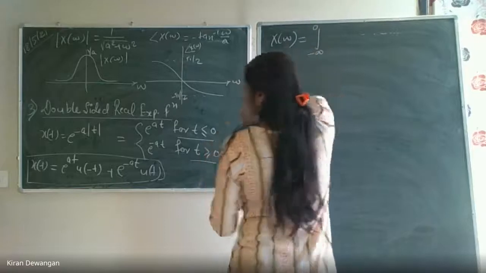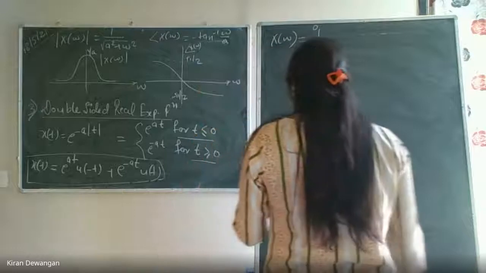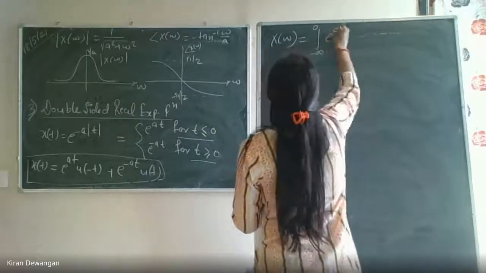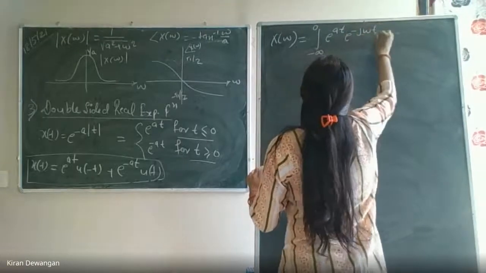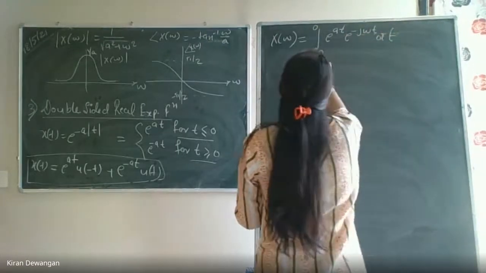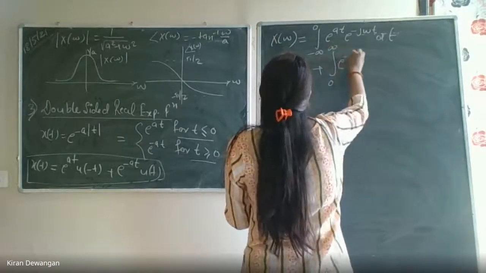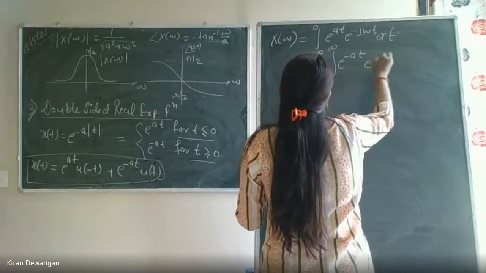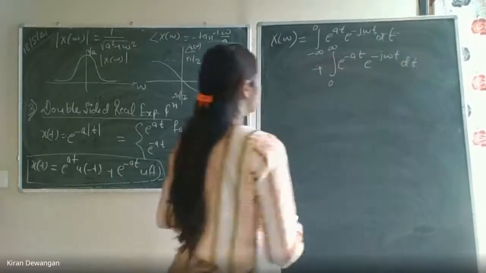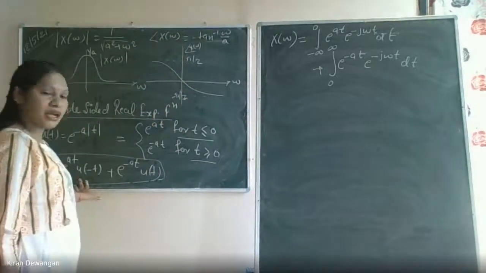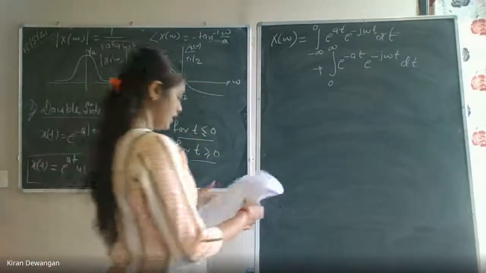For minus infinity to 0, it will be e to the power at into e to the power minus j omega t dt, plus the other part, 0 to infinity e to the power minus at into e to the power minus j omega t dt. So this is the first part, minus infinity to 0, and this is the second part, 0 to infinity. So I have written it in two parts.